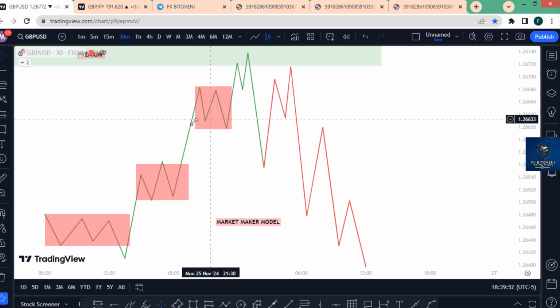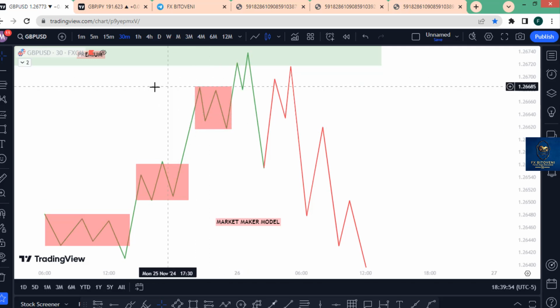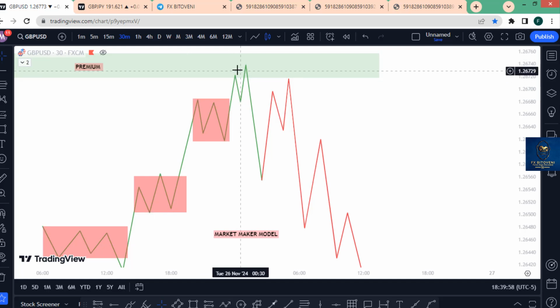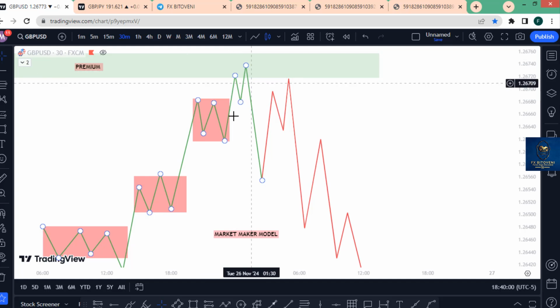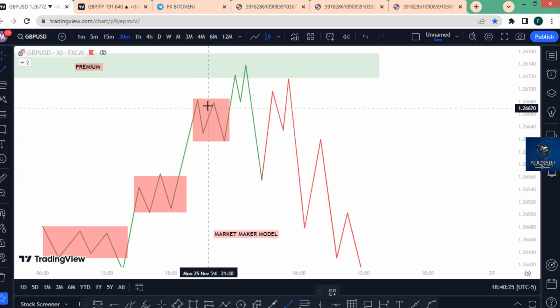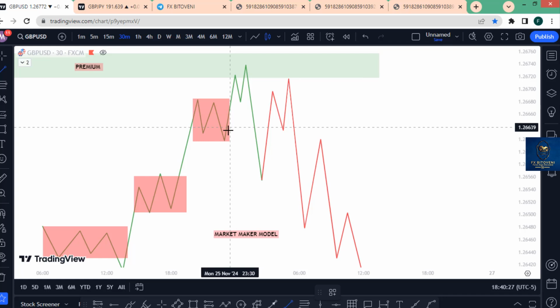Then price will hit your premium zone, your premium key level, or your premium point of interest. After that you will see a breakout structure forming, on this area or this area.